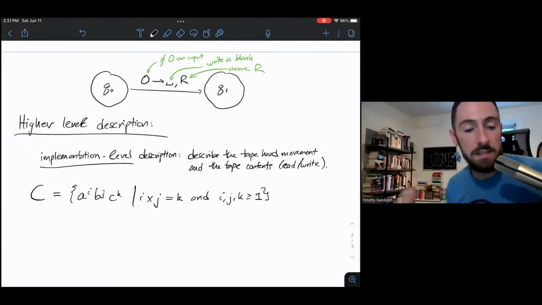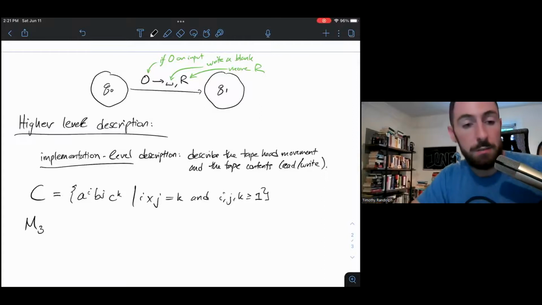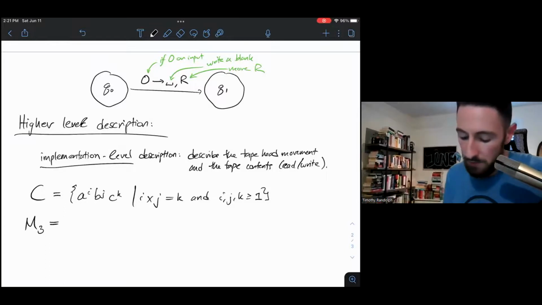If I have 3 A's and 5 B's, I better have 3 times 5 equals 15 C's. And if I want to build a Turing machine that recognizes this language, I could do it with a 7-tuple, but I could also precisely describe what it does when it sees a certain input string as follows.